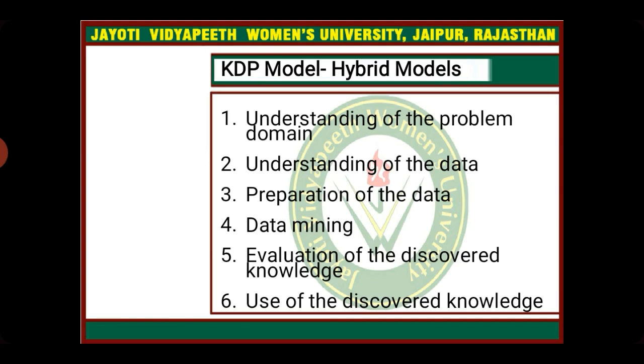The seventh is from evaluation of the discovered knowledge to data mining. This loop is executed when the discovered knowledge is not novel, interesting, or useful. The least expensive solution is to choose different data mining tools and repeat the data mining step.